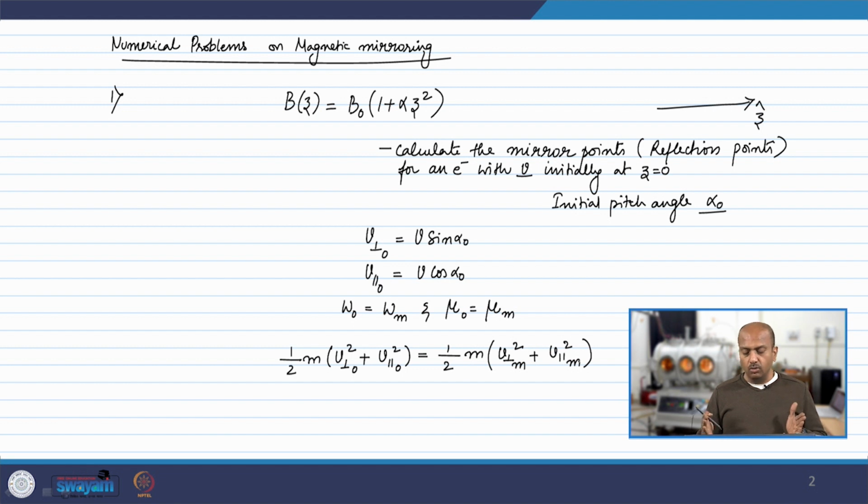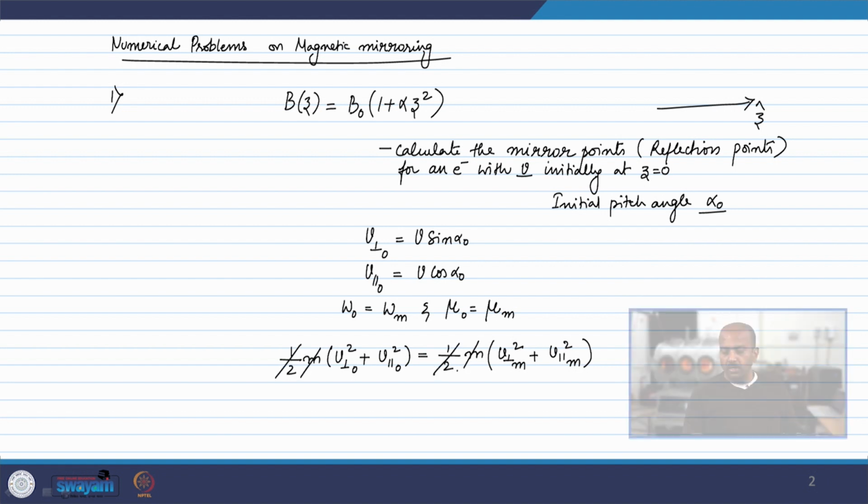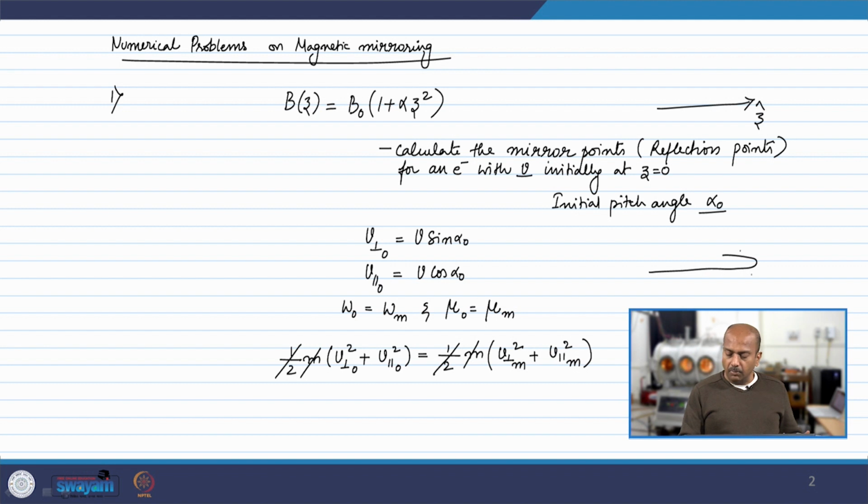Between these 2 points the energy has to be conserved. What goes in between is actually a matter of interest. But as the particle is about to get reflected, the parallel component will not survive. So V parallel m has to be 0, and this part can be straight away neglected.